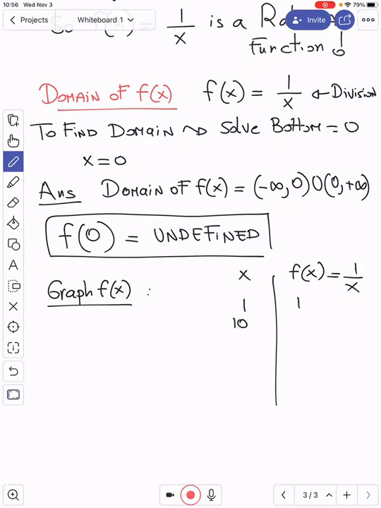X is 10, 1 over 10, that will be 0.1. X is 100, then 1 over 100, that will be 0.01.